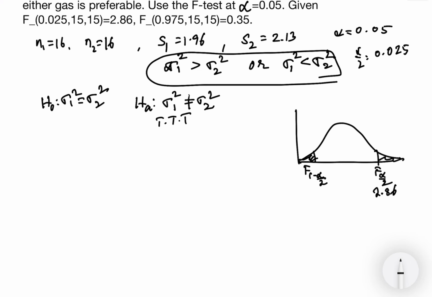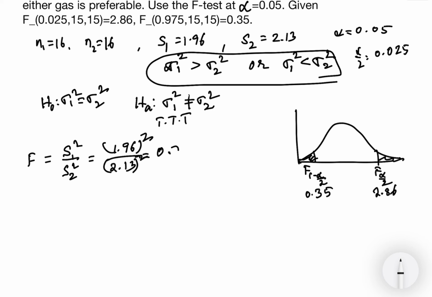Now we can calculate the test statistic F, which is s1 square over s2 square, which is 1.96 the whole square over 2.13 the whole square, and it is found to be equal to 0.85. So here 0.35, 2.86, 0.85 would be somewhere here.